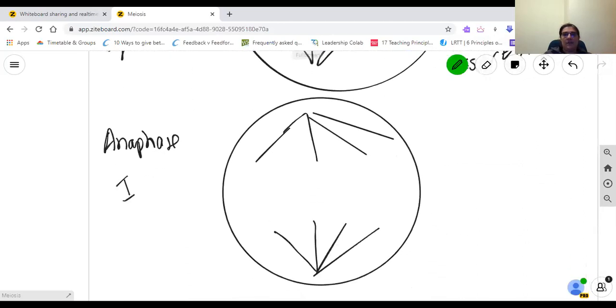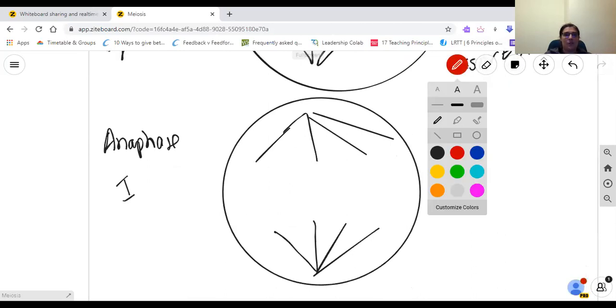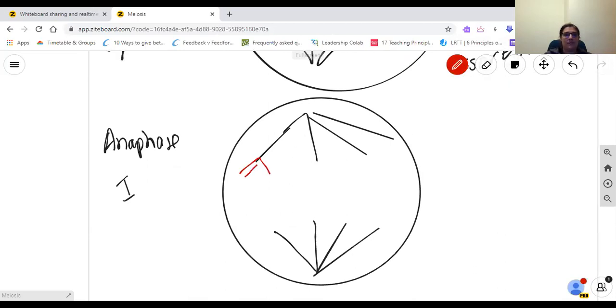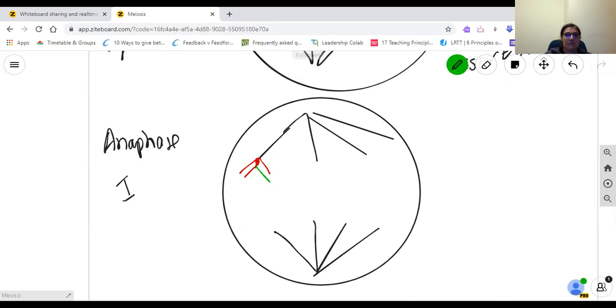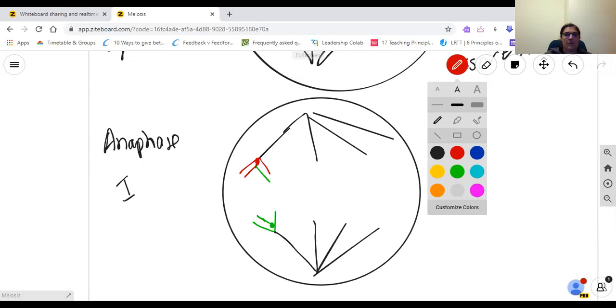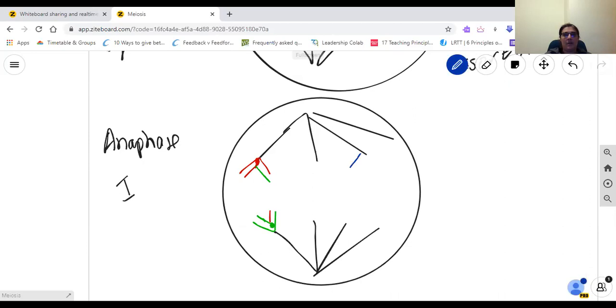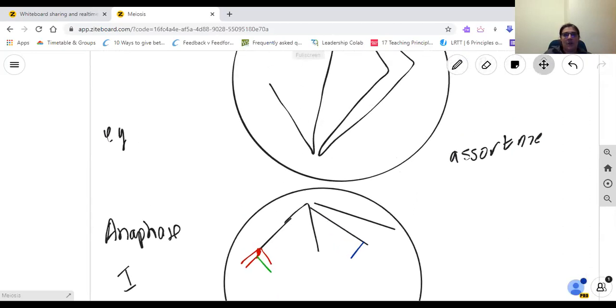So I draw them in. This one will go off separately from that one, and my one over here. Just going to check what colour I used in the end.